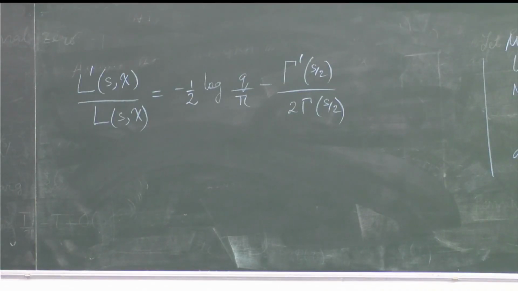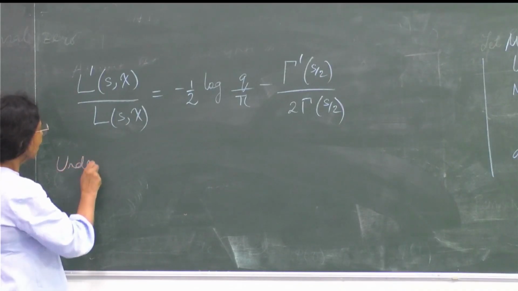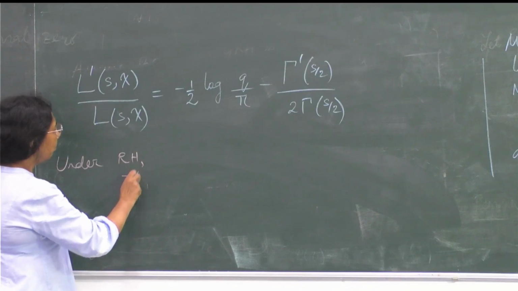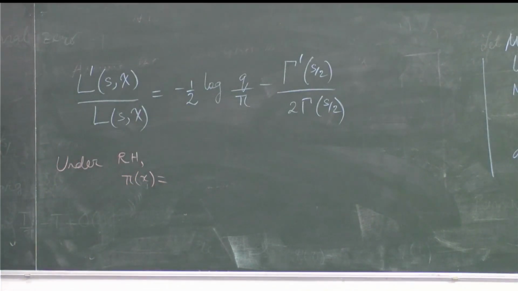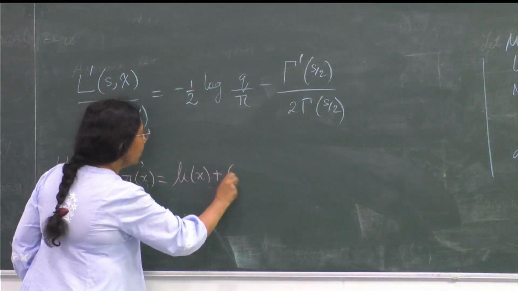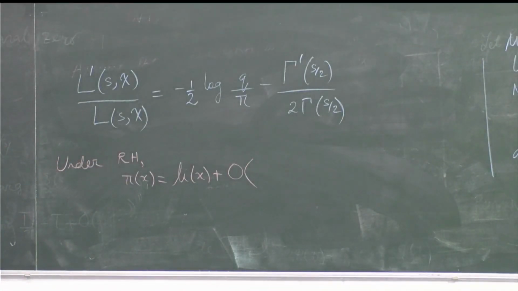If the Riemann hypothesis is true, okay, so pi of x, I can write this as logarithmic integral of x plus big O of something.